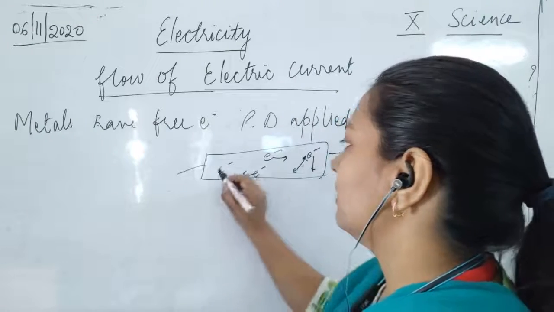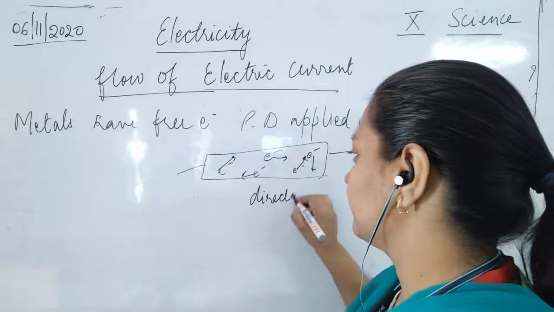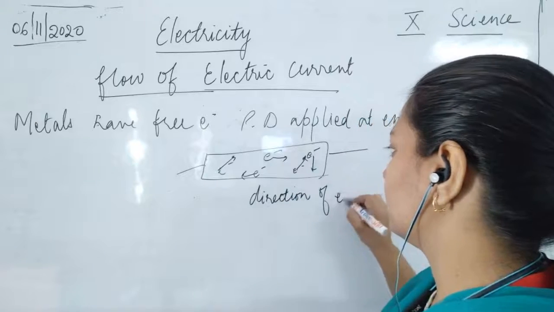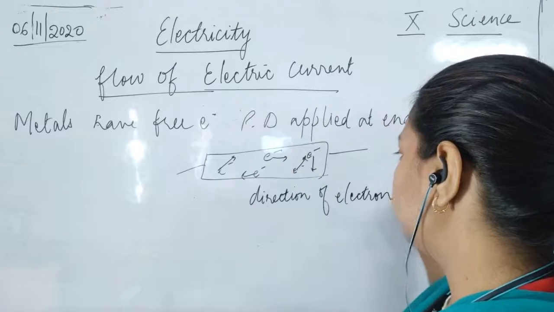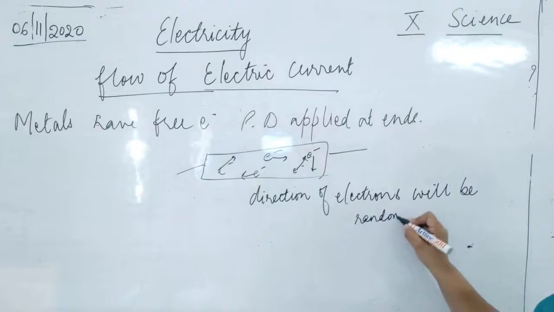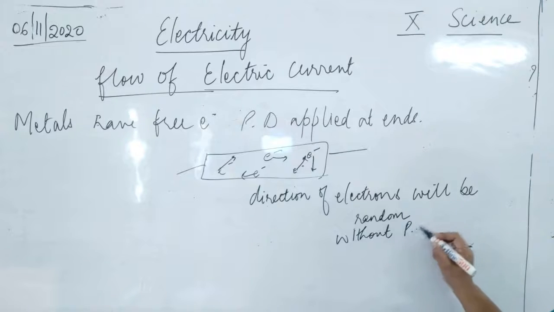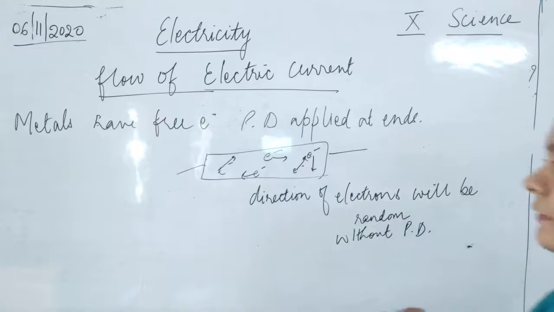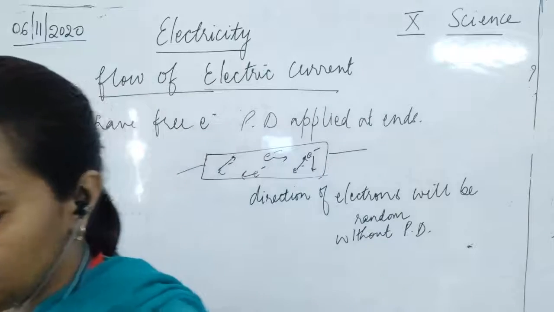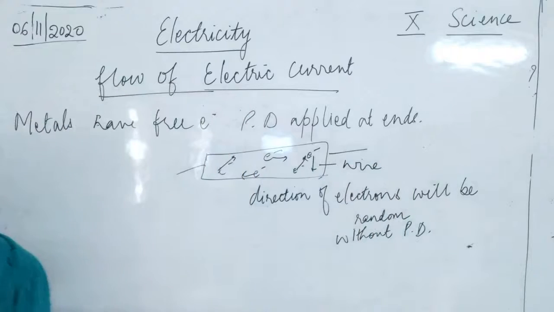So the direction of the electrons will be random without the potential difference. If no potential difference is there, then the electrons would be moving here and there in the metallic wire.